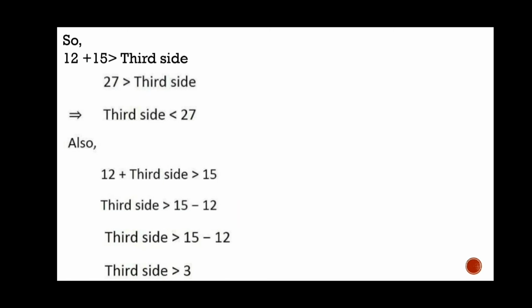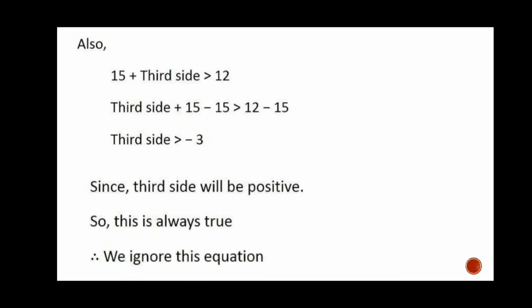Now we will take the third pair, that is 15 plus third side will be greater than 12. Here we will find the third side value, and how will we find it? We subtract 15 from both sides, so this 15 will be cancelled.